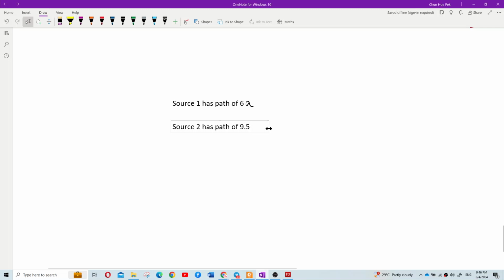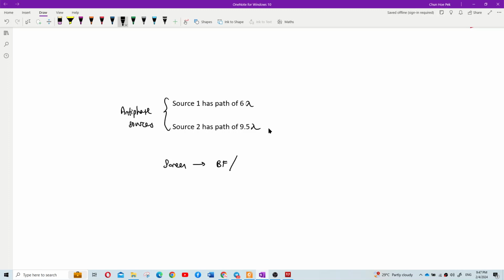These are two anti-phase sources. So on the screen, what fringe? Bright fringe or dark fringe, class? What fringe does it produce?